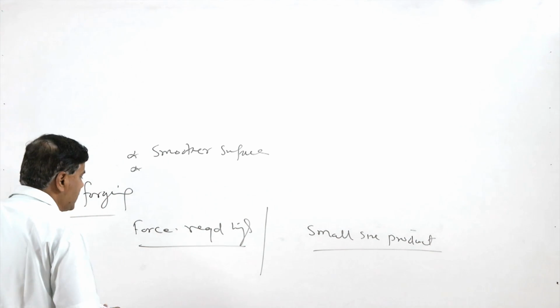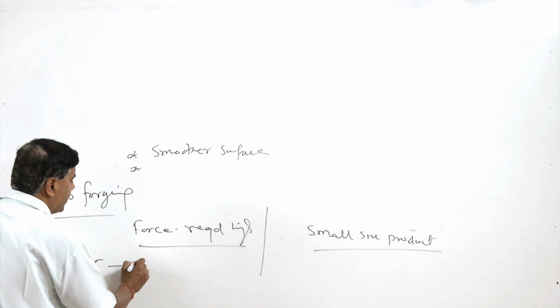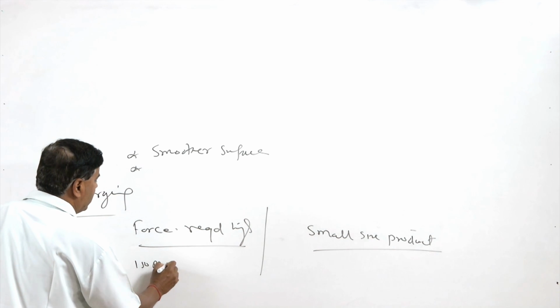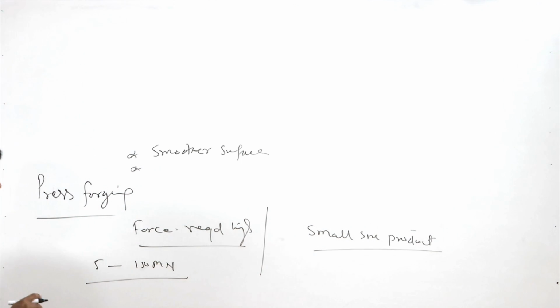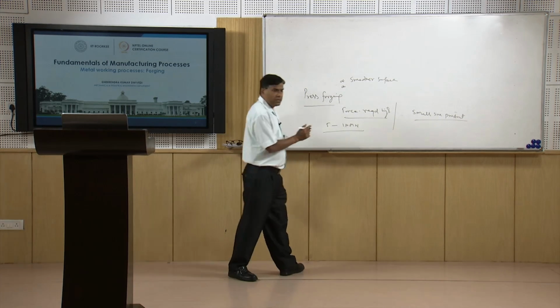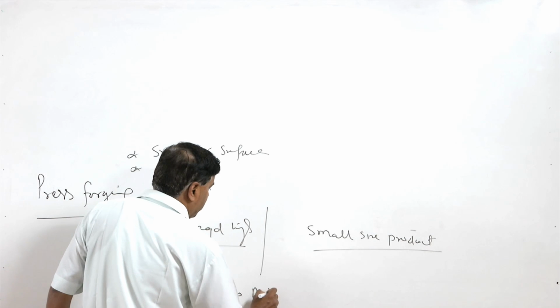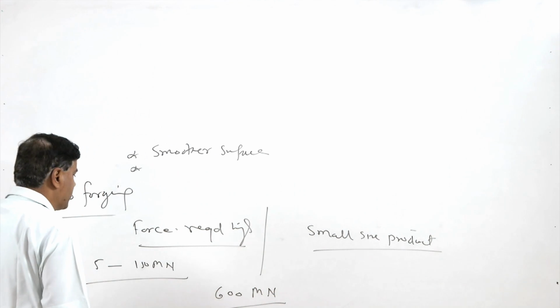Normally 5 to 150 million Newton press capacities are used, but these can be much larger, up to say 600 million Newton capacity.